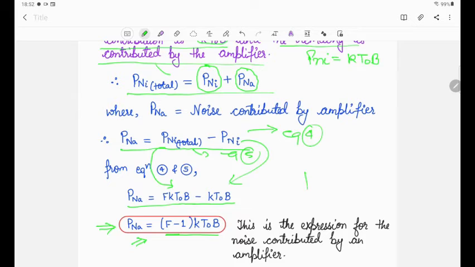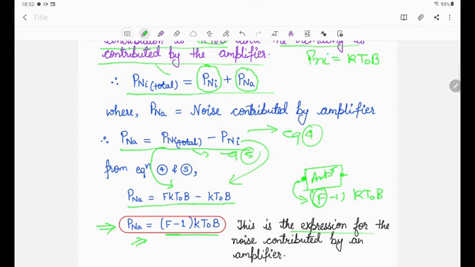So any amplifier will contribute noise. How much noise will it contribute at the input? That is F minus 1 KT naught B, where F is the noise factor. This is very important.